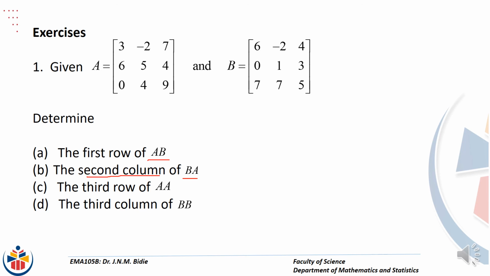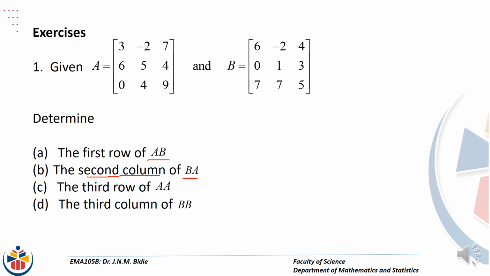In A, we're taking columns. So when we're asked for the second column of BA, that means you're looking for C12, C22, and C32. Do that multiplication and see how you go about it.